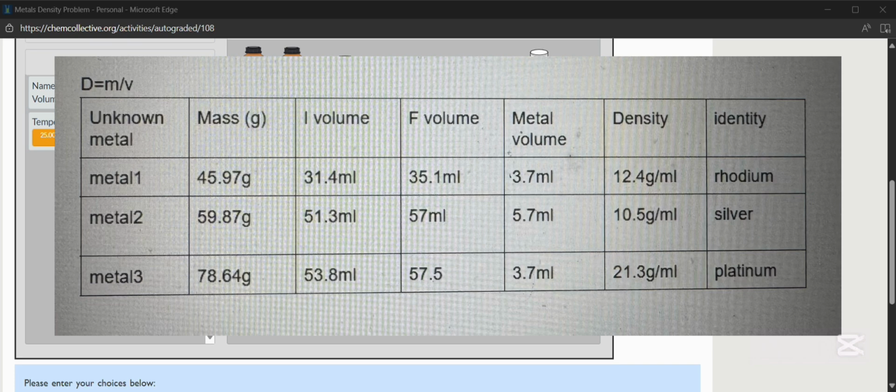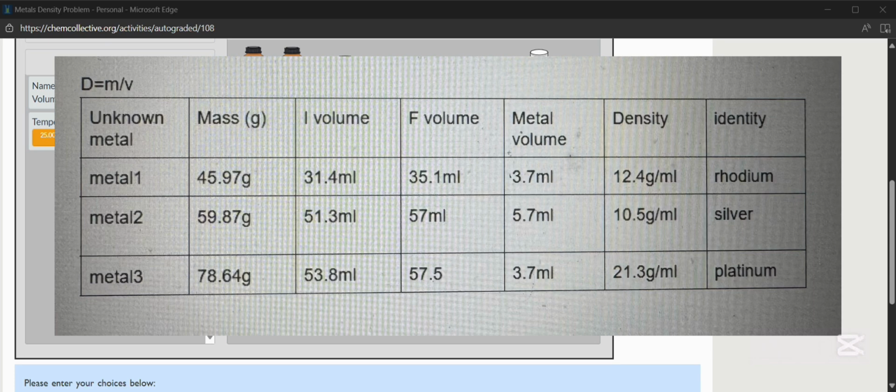And now we're going to search for density. We're going to put 78.64 divided by the 3.7.